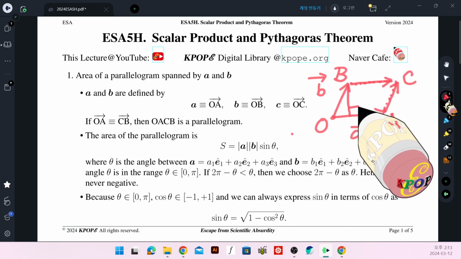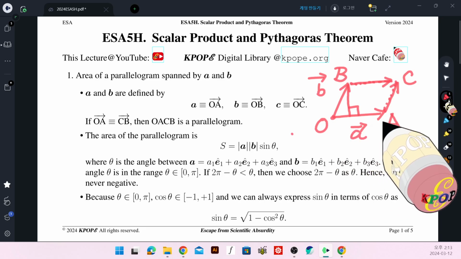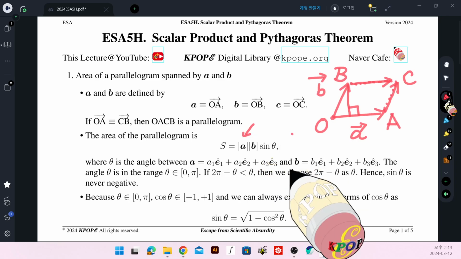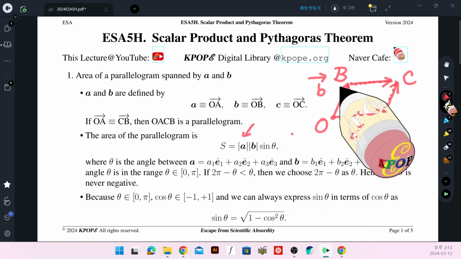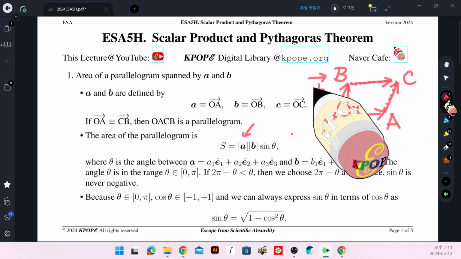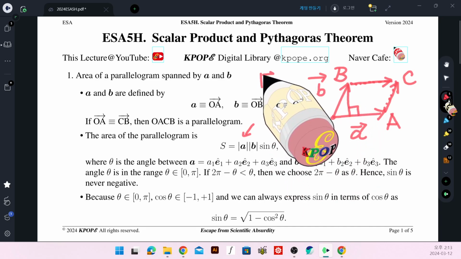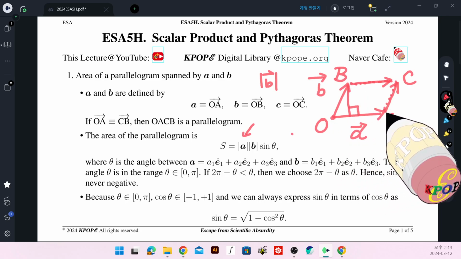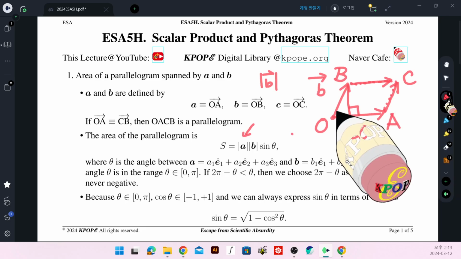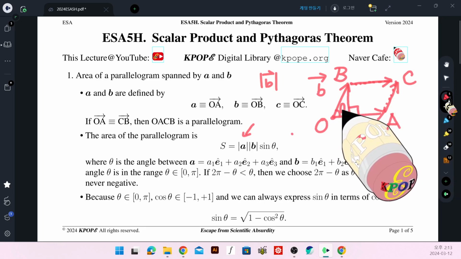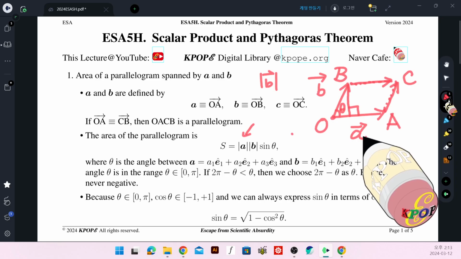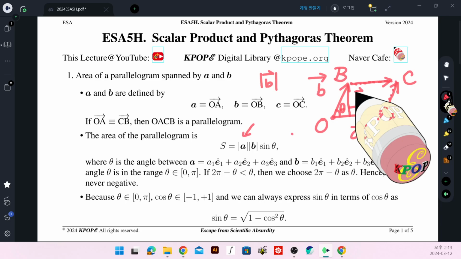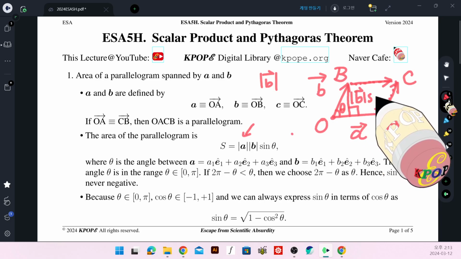Magnitude of A is absolute value of A, and magnitude of B is this, and then the height of this parallelogram is, if I define this angle between A and B to be theta, then this is B absolute value sine theta.